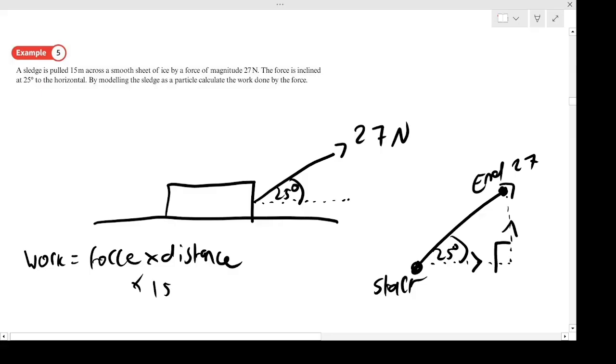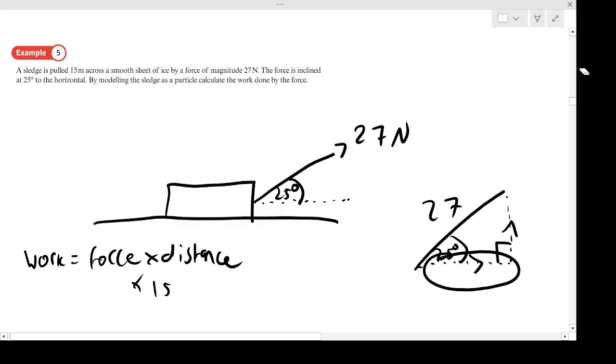Then you'll spot we get a right angle. If I get rid of this now and say that's 27, hopefully you spot we've got a right-angled triangle, and so we can use SOHCAHTOA. Specifically, we want the forward force. So what side is this? That's going to be the adjacent.